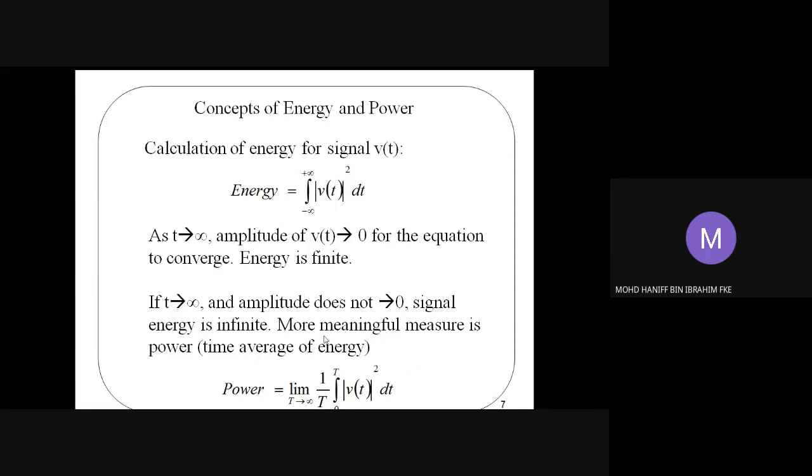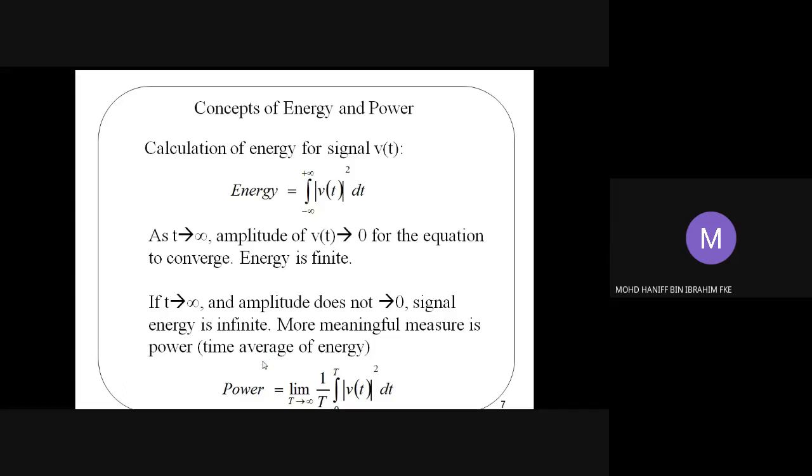This is a more meaningful measure for signals whose amplitude does not approach 0. So the other parameter that will be used is power, defined similarly to the above in terms of integration, but the range of integration is from 0 to T, which is one period. We have 1 over T, one over the period, and the limit of T approaching infinity. This is the equation that defines the calculation of power.